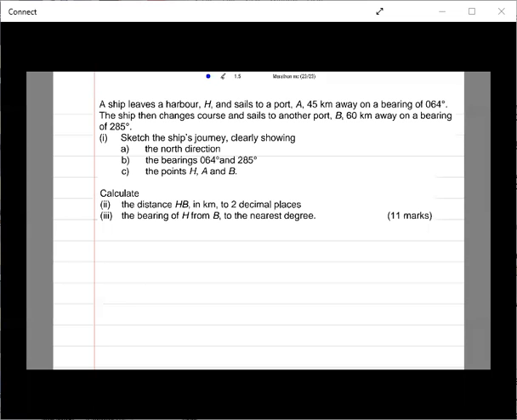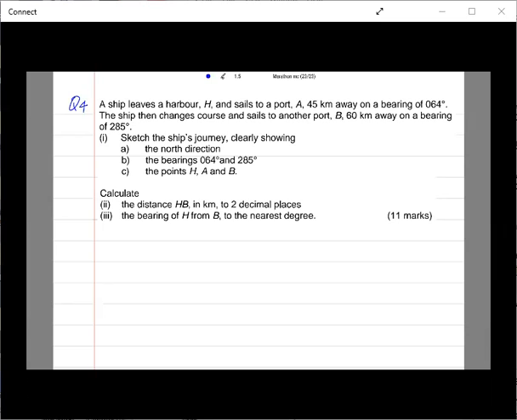All right. So this is question number 4 from the sine rule, cosine rule, and bearing homework. It says a ship leaves a harbor H and sails to port A, 45 kilometers away on a bearing of 64 degrees.